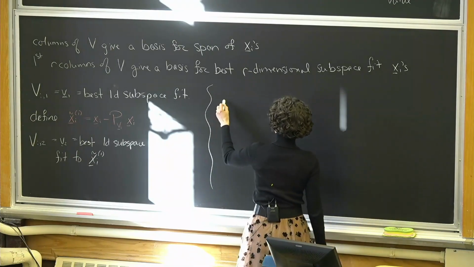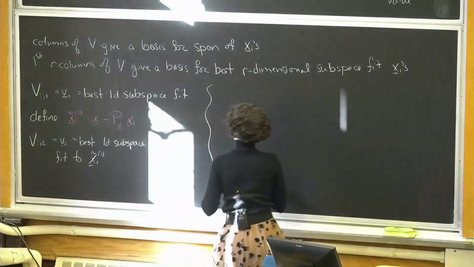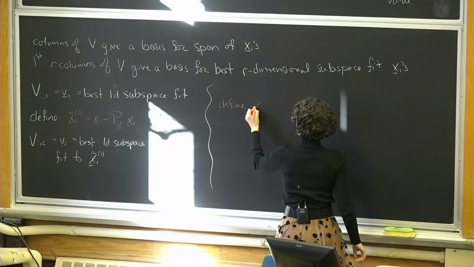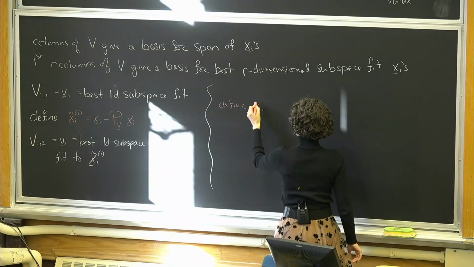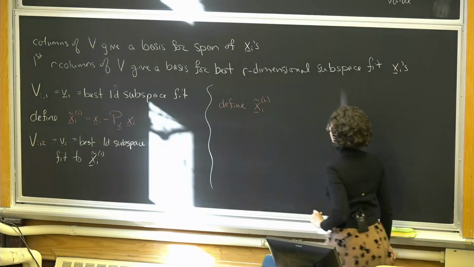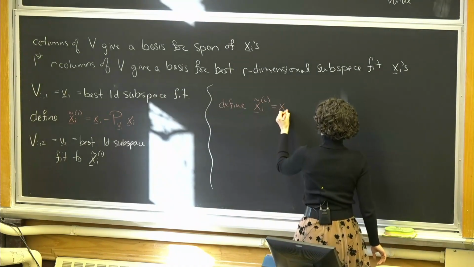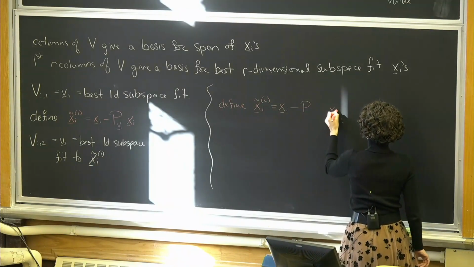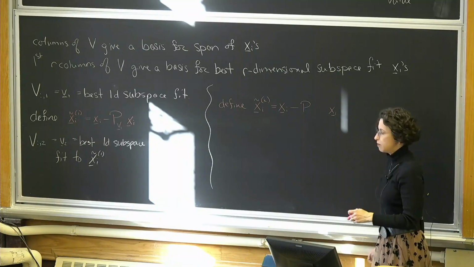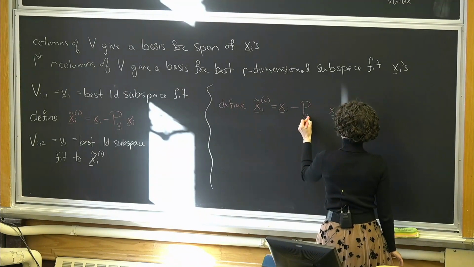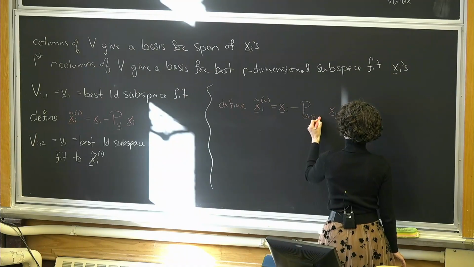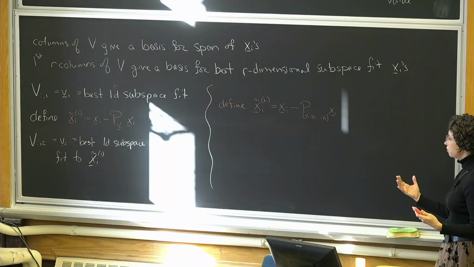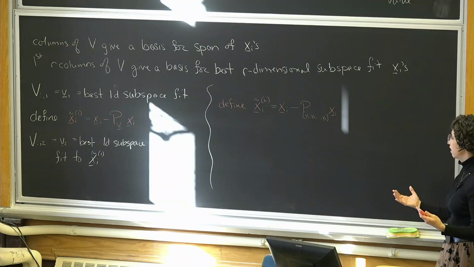So in general, I could say that I'm going to define, at the kth round, the residuals as being xi minus the projection of xi onto my subspace so far. So I've got V1, V2, all the way to Vk, my basis so far with those k different orthonormal basis vectors.